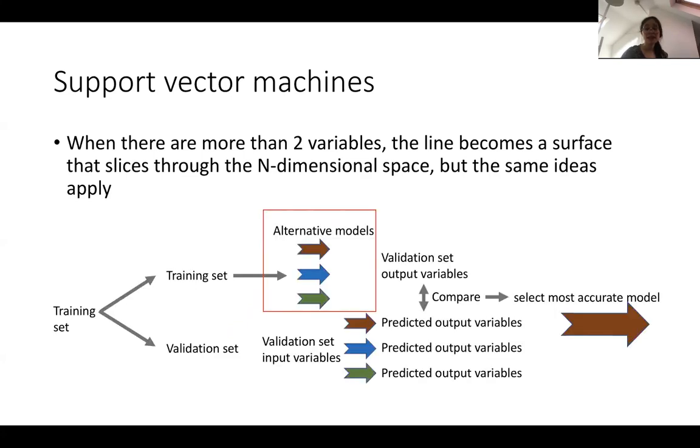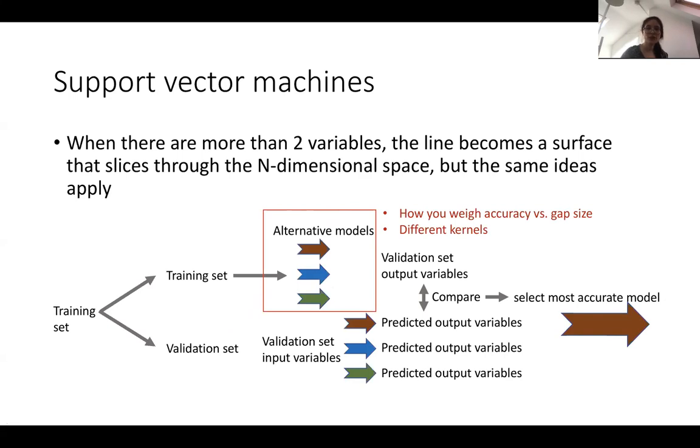In the previous lecture, we talked about how we use the training sets to build many kinds of alternative models. Here, we can make this a bit more concrete. If the model type is a support vector machine, the alternative models will have the following differences between them.